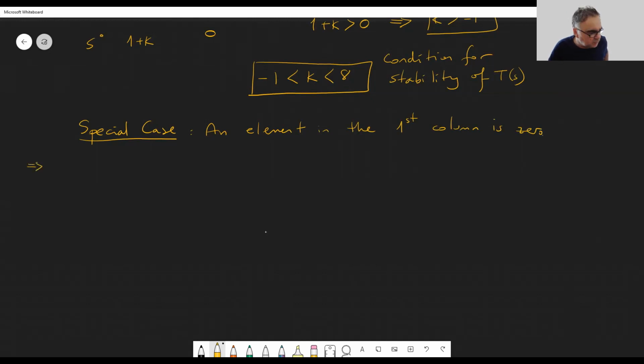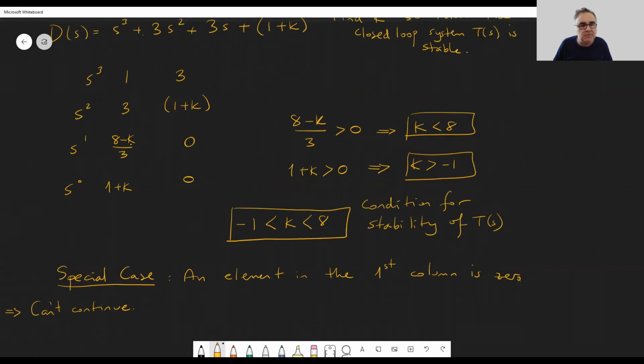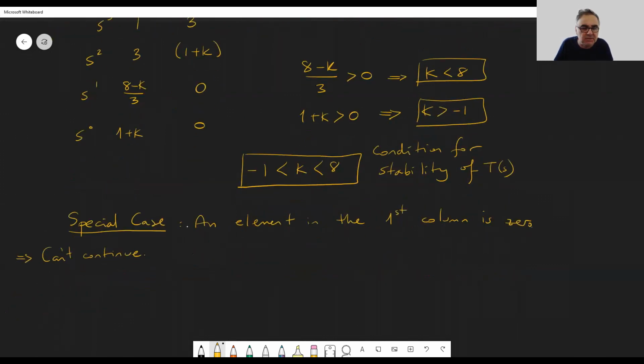In this case, we cannot continue normally, okay? Why? Because in our regular procedure, we divide by, for example, if you have a 3 here, we divide by this term. But in order to proceed, you have to divide by 0, which you cannot do.